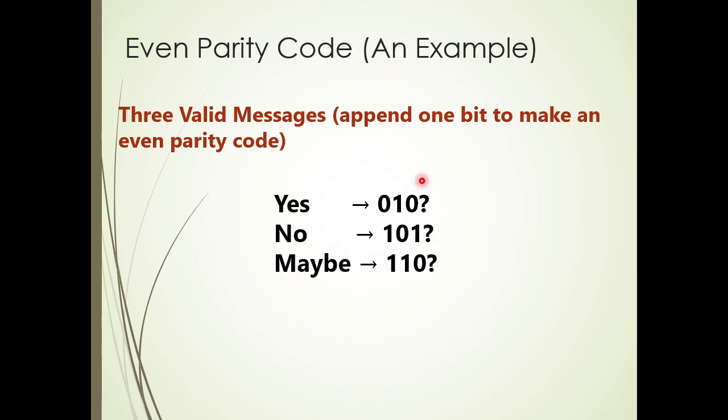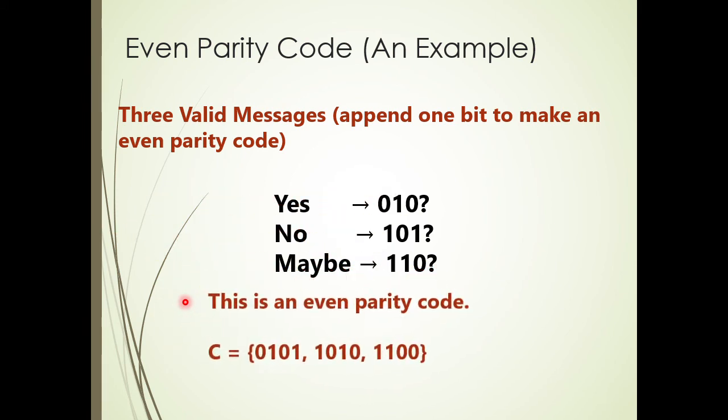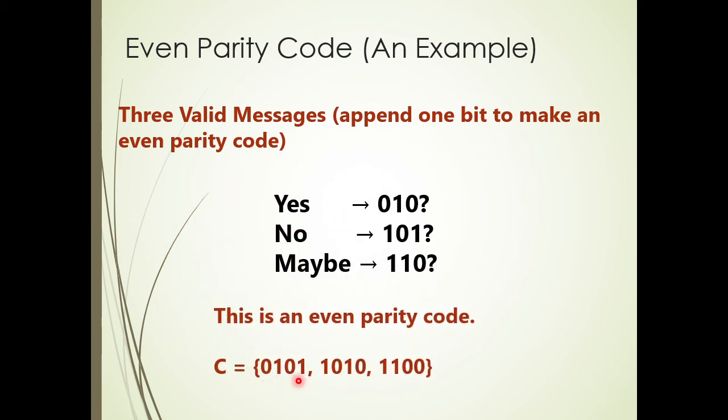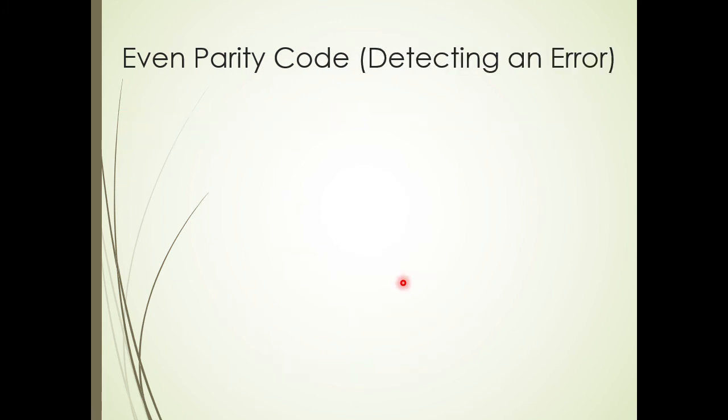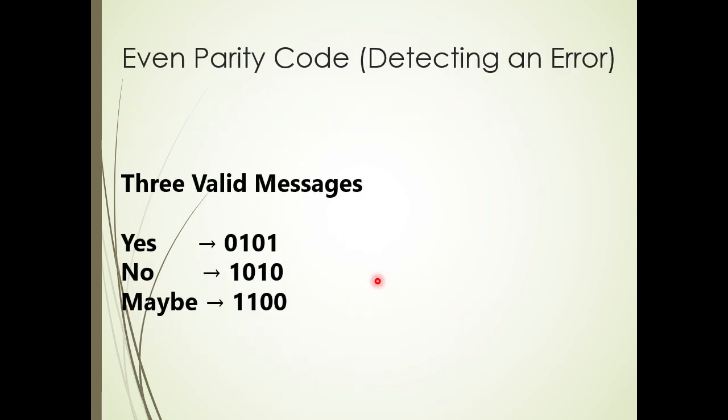Now, because they want even parity, they have to append one bit in order to have only even parity code words. So to do so, we will get 0101 for yes, 1010 for no, and 1100 for maybe. So this is our source coding now, after appending one bit.